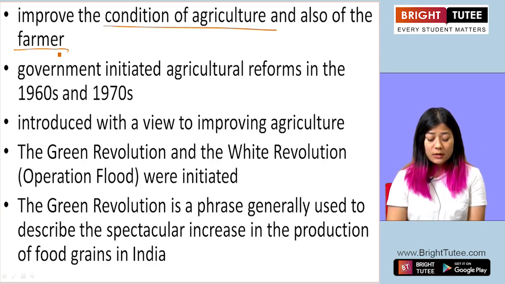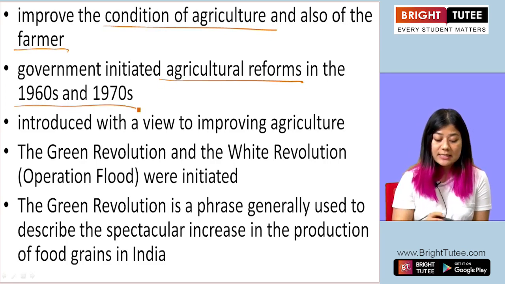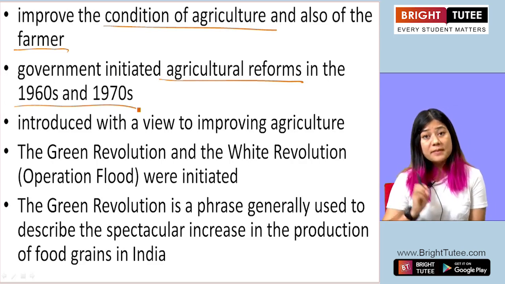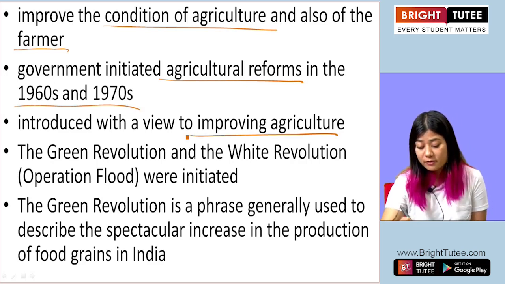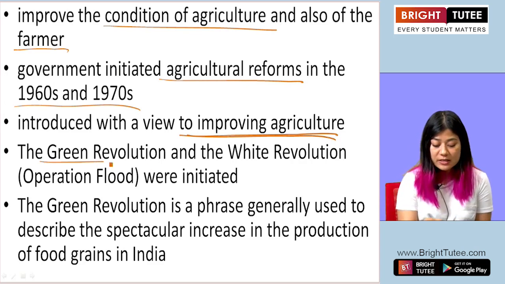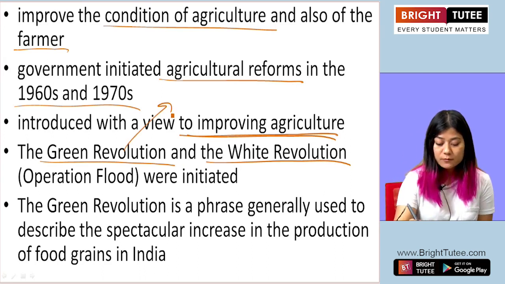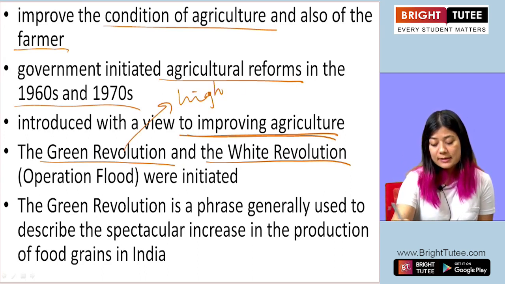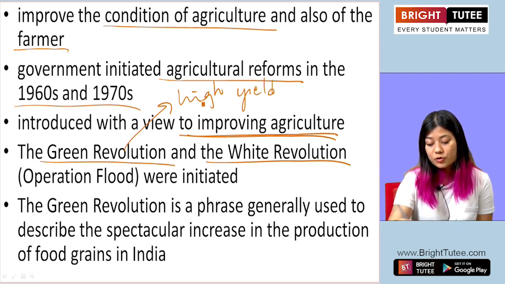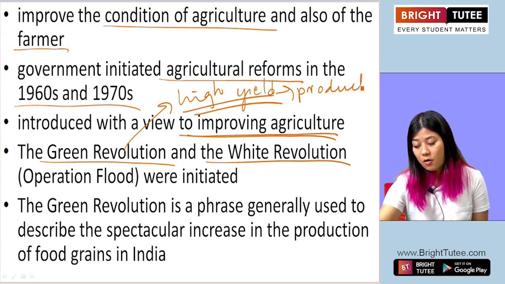The government initiated agricultural reforms in the 1960s and 1970s. The main motive was to improve agriculture. Later, they also introduced the Green Revolution and the White Revolution. The Green Revolution was for high yield, to increase the productivity of agriculture.